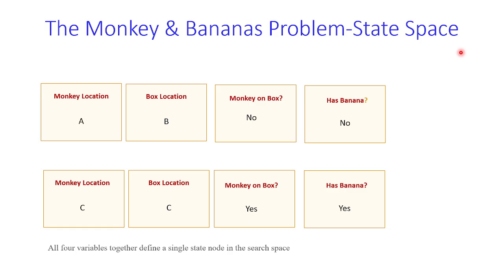The monkey location can be any of the positions A, B or C. The box location can again be A, B or C. Whether the monkey is on the box: yes or no. Whether the monkey has the banana: yes or no. So these are the possibilities. All of these variables together define a single state node in the search space. Each unique combination of values is a different state.